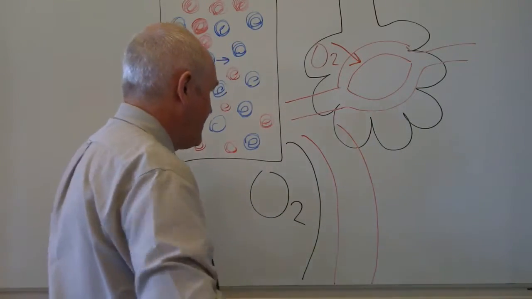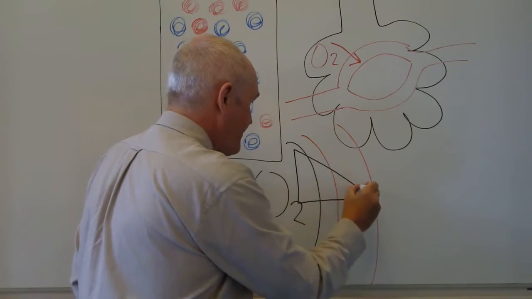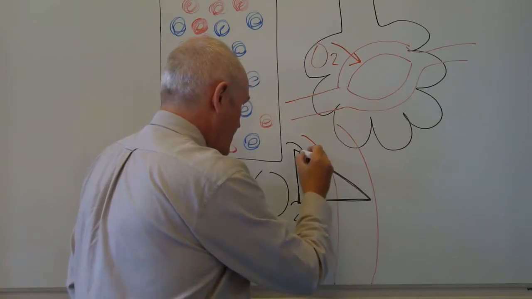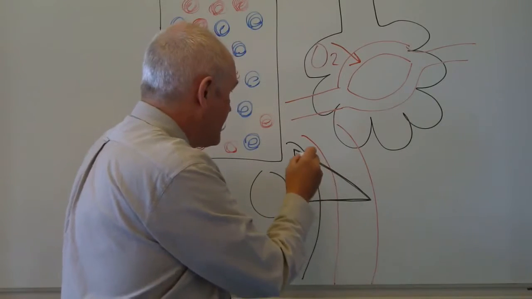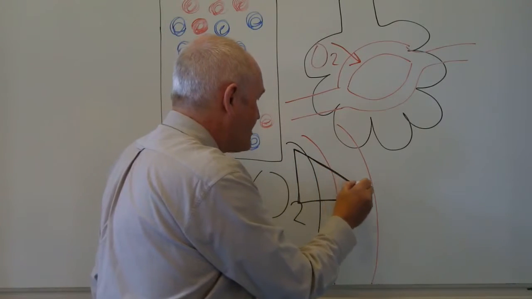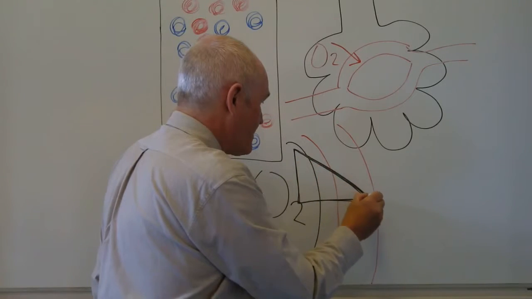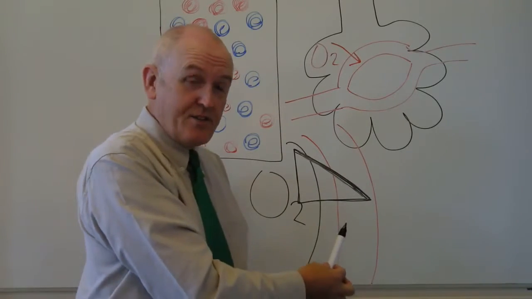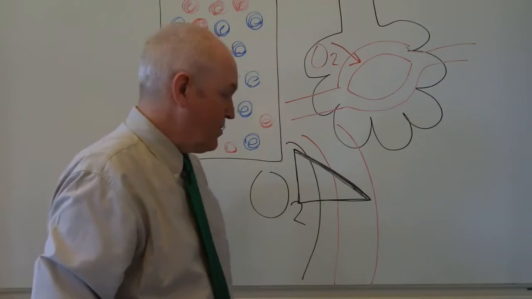So the oxygen will diffuse down what is called its diffusion gradient. Because there's more oxygen in the alveoli than in the blood, the oxygen will diffuse down its diffusion gradient, because diffusion will always take place from areas of high concentration to areas of low concentration until the concentrations are equal throughout.